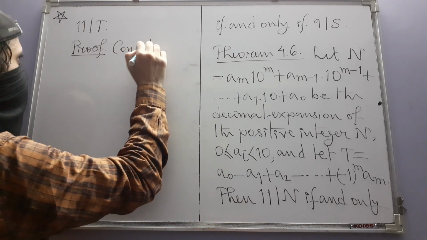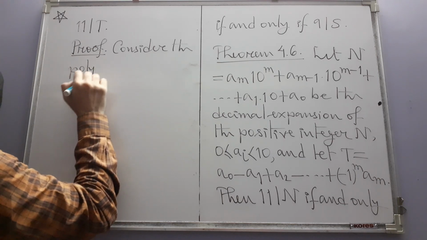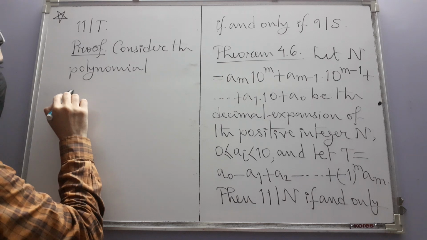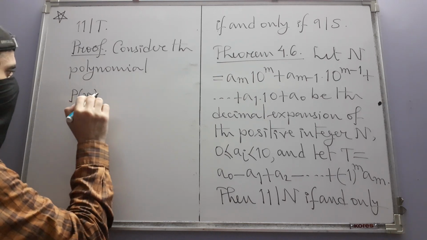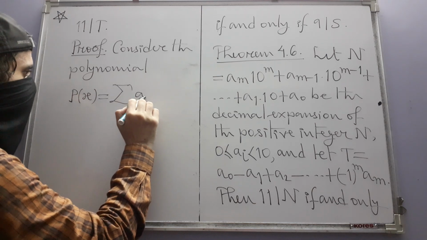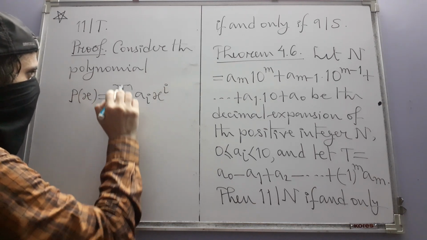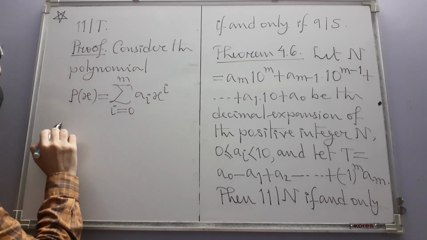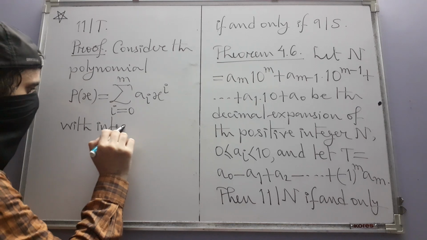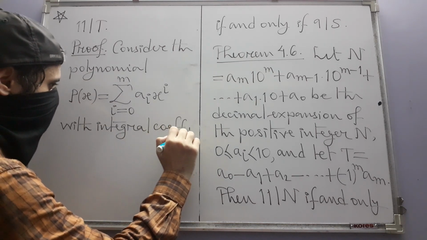Consider the polynomial. The polynomial is also exactly the same polynomial, the summation of a_i x to the power i, where i varies from 0 to n, with integral coefficients.